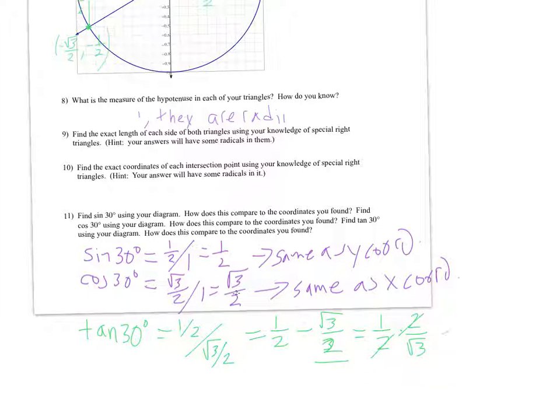My 2 is reduced to 1, and I get 1 over the square root of 3 as my answer. That one's a little bit harder for us to notice any comparison, but you might notice this is the y coordinate divided by the x coordinate at the beginning before you start simplifying.